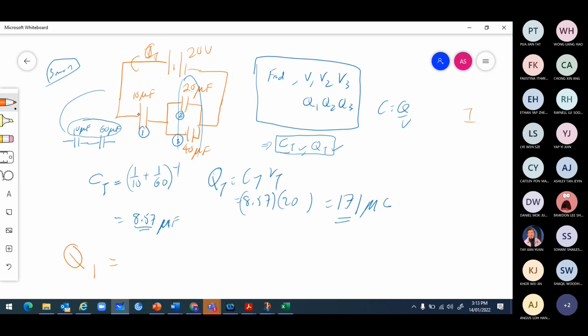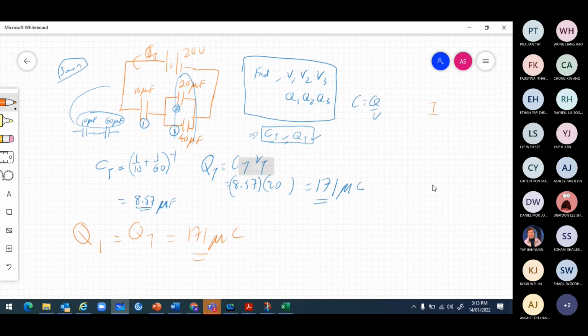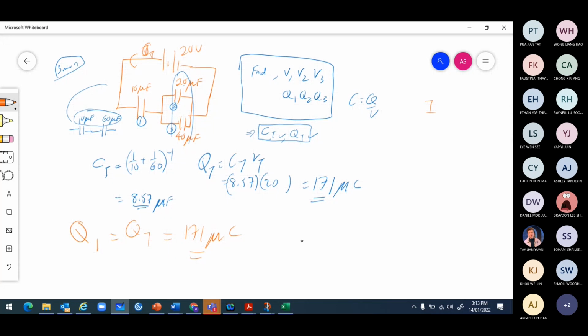Q1 is located at the main branch alone, so Q1 is the same as Q total. So Q1 is 171 microcoulomb. That's your first answer.